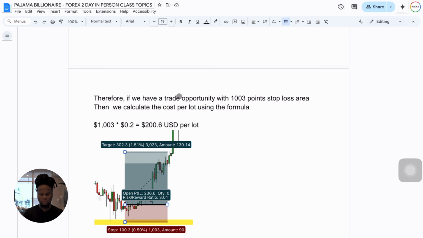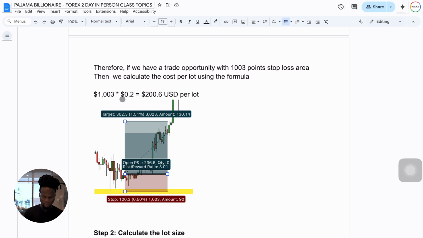Therefore, if we have a trade opportunity with a 1,003 points stop loss area, then we calculate the cost per lot using the formula like I showed you, which is the total points amount times the cost per lot.